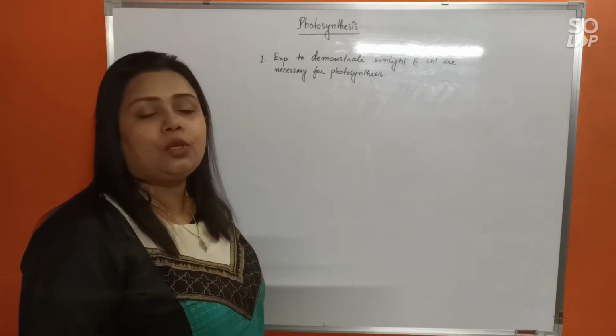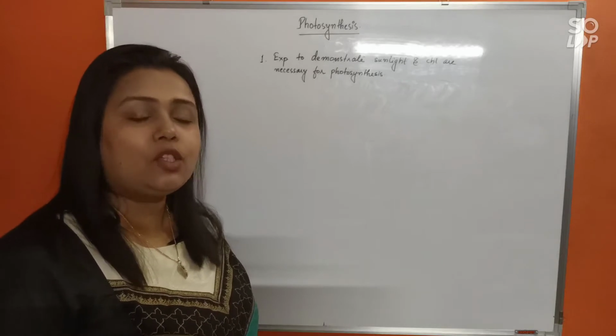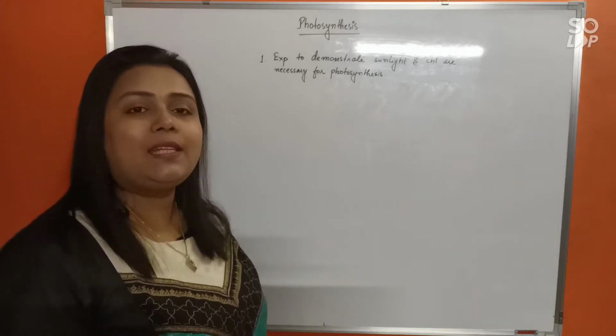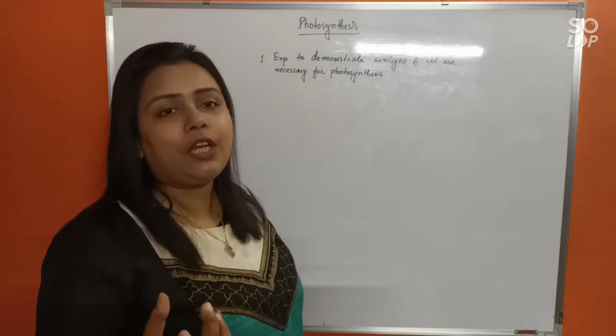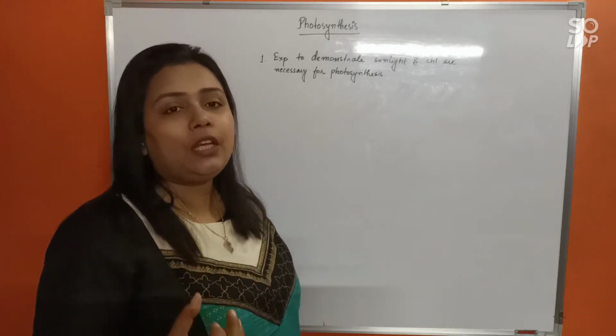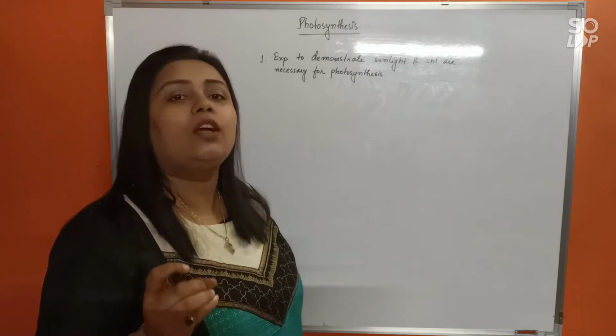Okay, so we need to take a potted plant which is de-starched, and which should also possess variegated leaves, meaning leaves which have patches of green or white, so that the green patches would be filled with chlorophyll.